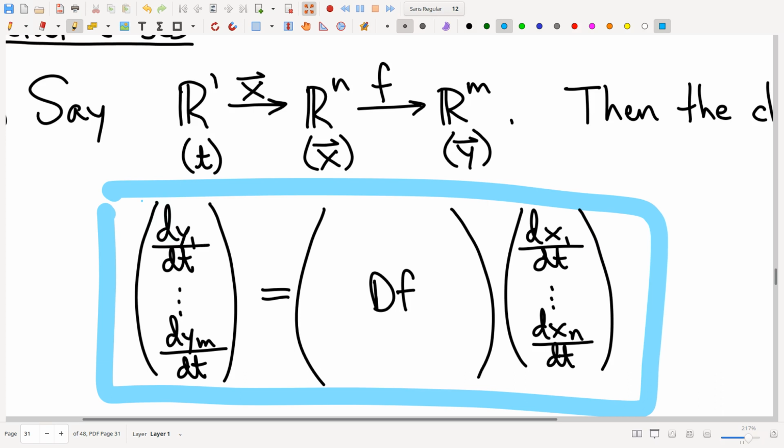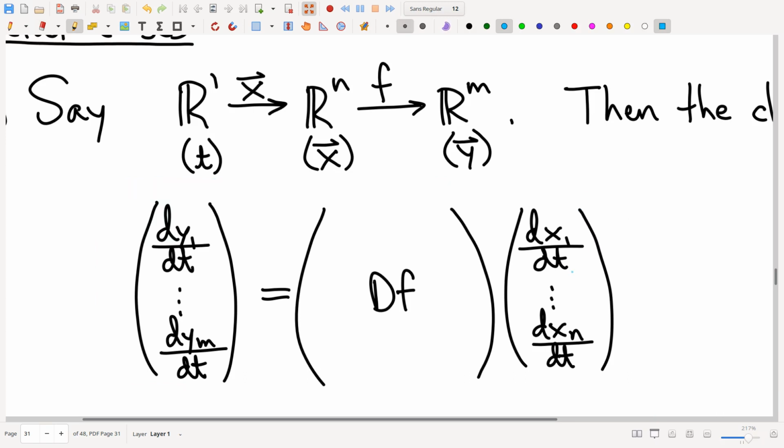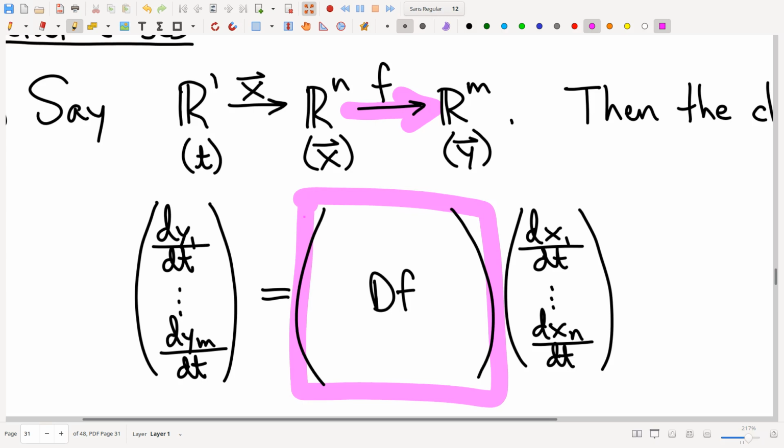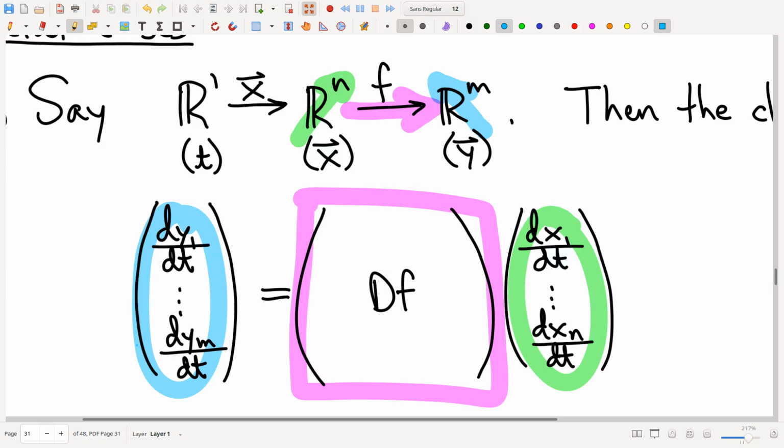They are velocities, and so really what this is telling me is that the derivative matrix of that function is telling me how to take a velocity in Rn and how to infer from that a resulting output velocity in Rm. And again, that's old news. This is something we saw back in section 2.3. This is one of our early interpretations of the derivative matrix.